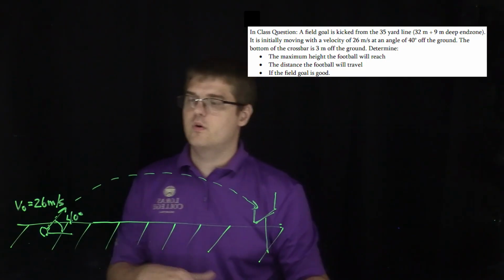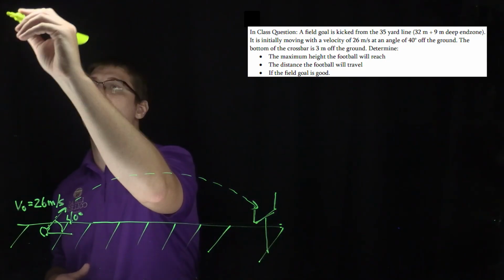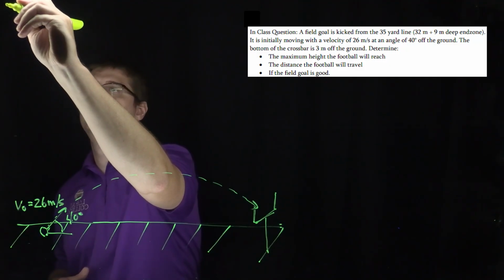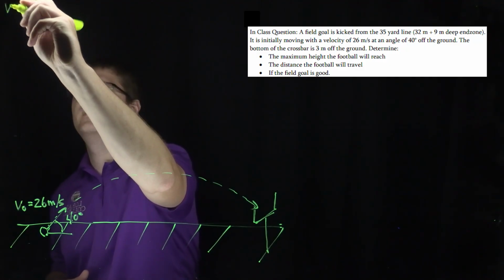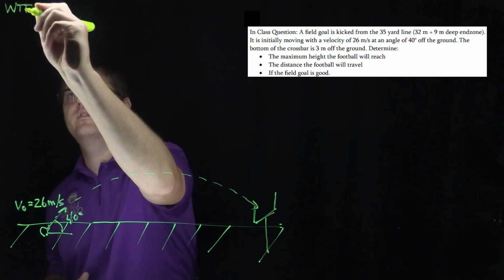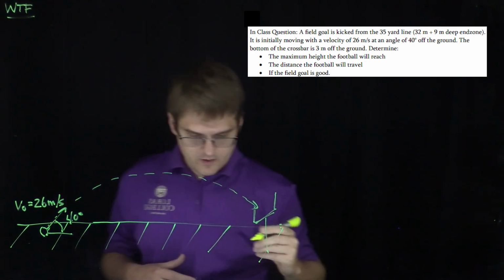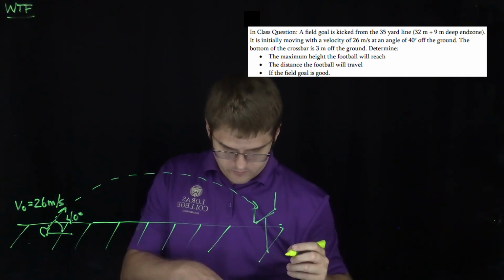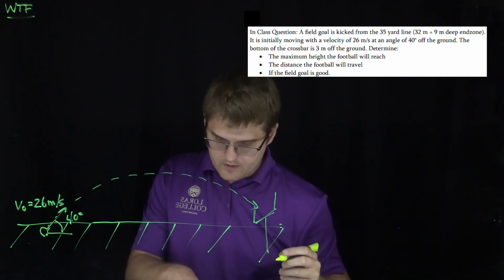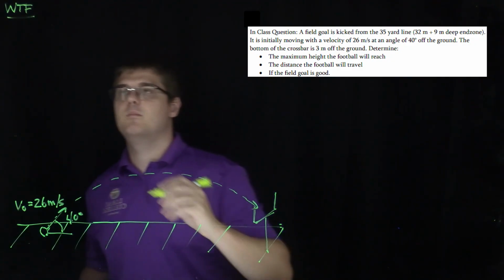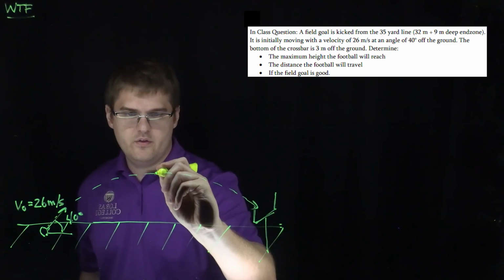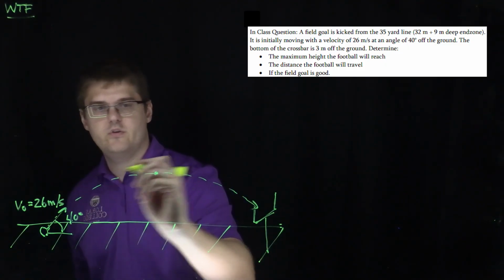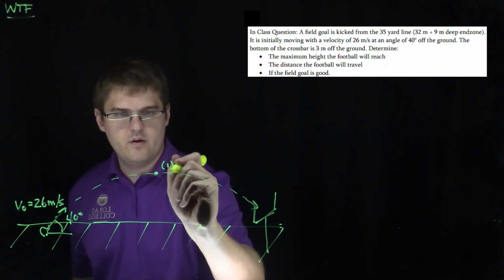We are asked for, so I'm going to put what to find. My what to finds are, I want to know, one, maximum height. So I'm going to call this point, so this was point 0, so this is going to be point 1.